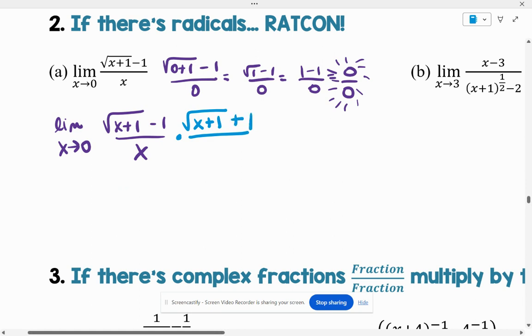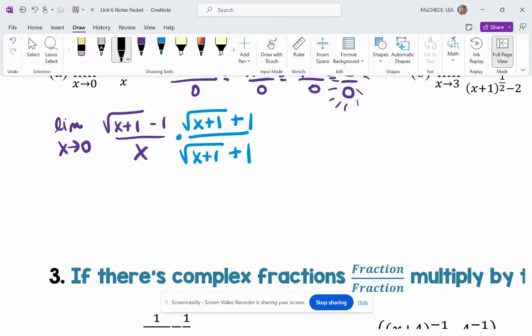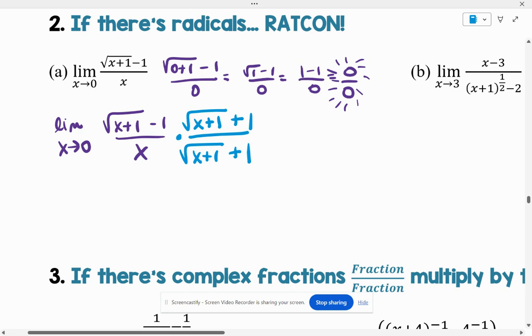Change the sign on the inside, or the outside, you know what I mean. And then you can do your multiplication off to the side. Make sure you are practicing rewriting the limit with each and every step that you do, and then have it disappear at the end, just so you're tracking your work.